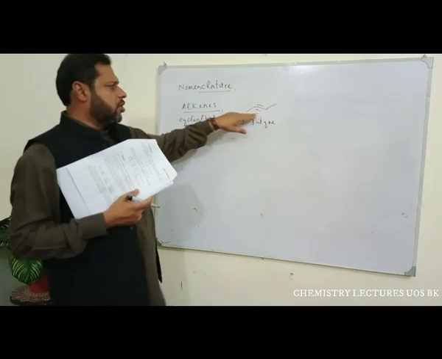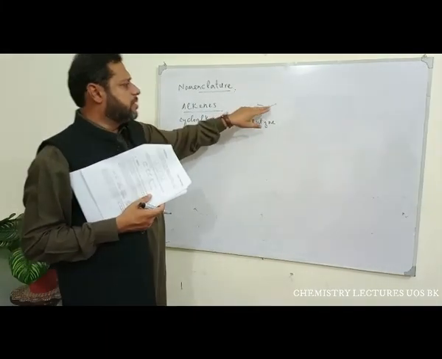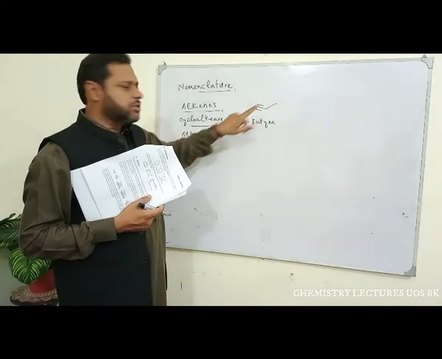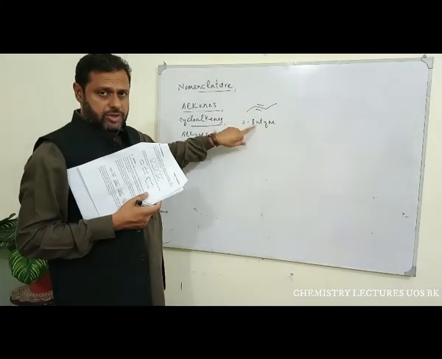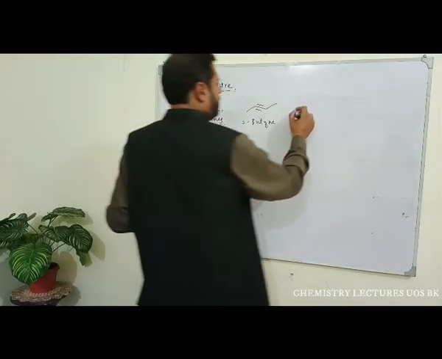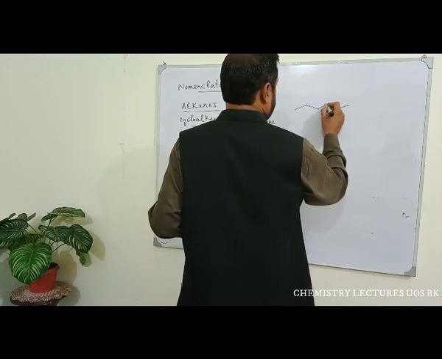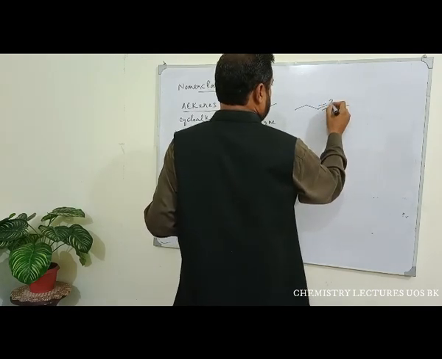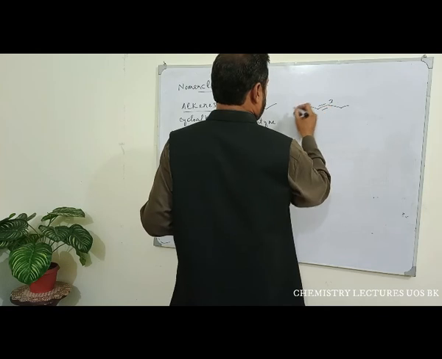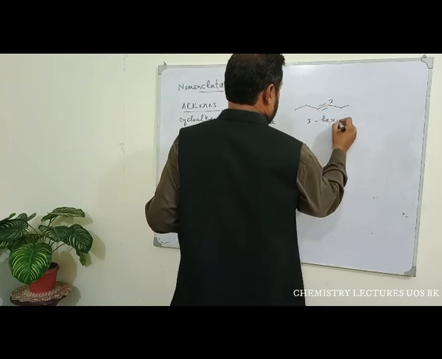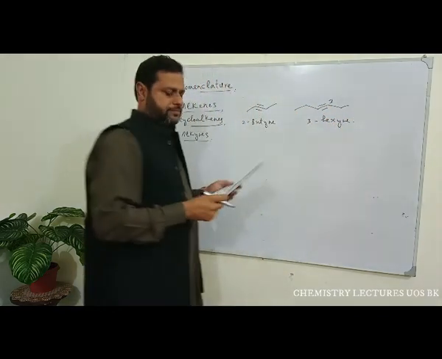Similarly, you have to select the longest chain, and you have to give numbering from the side which gives the least possible number to the triple bond. It will be 2-butyne. It will be like this one, 1, 2, 3. It will be 3,4,5,6 hexyne, and so on.